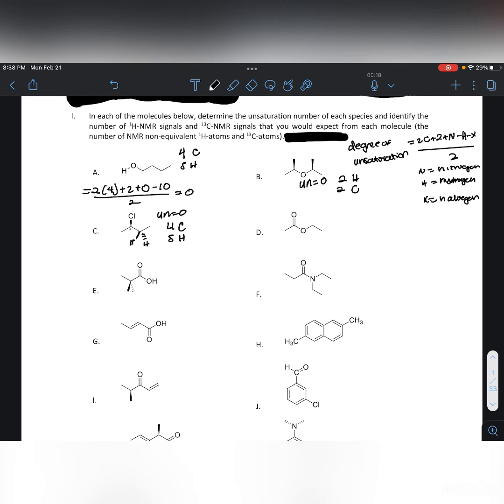Moving on to D, the total degrees of unsaturation for this is 1. If we were to calculate it out, there should be a total of 3 types of hydrogen, and then a total of 4 types of carbon.